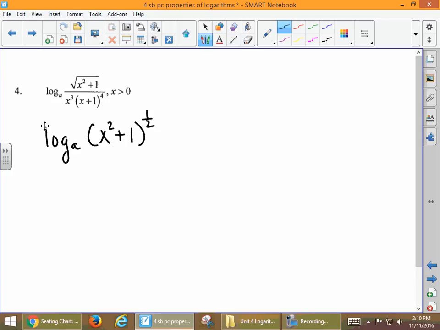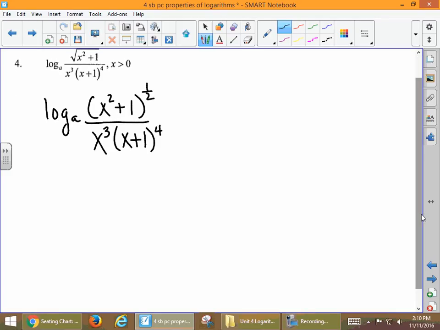That's the same value. X squared plus 1 to the 1/2 power means the same thing as the square root of x squared plus 1. And then we're dividing it by x cubed times x plus 1 to the 4th. And when we look at our properties, because it's division again, we are going to subtract.